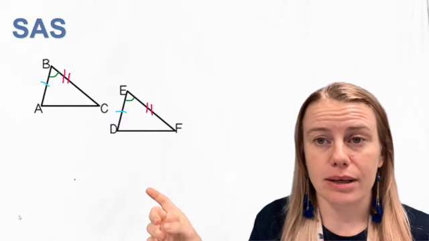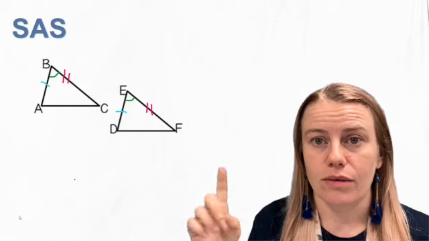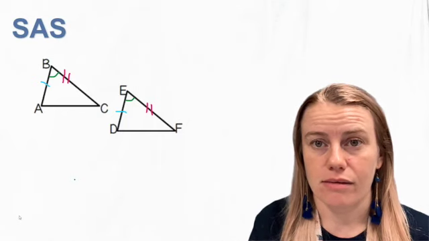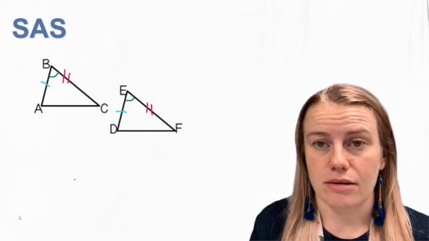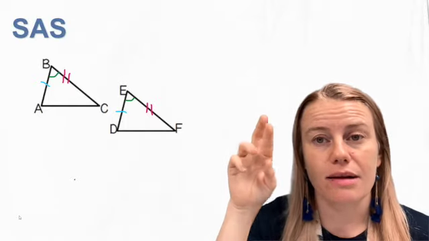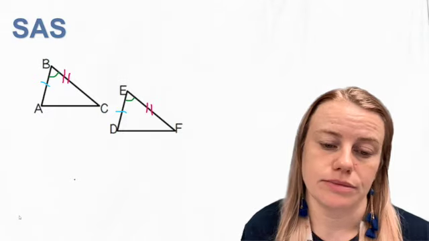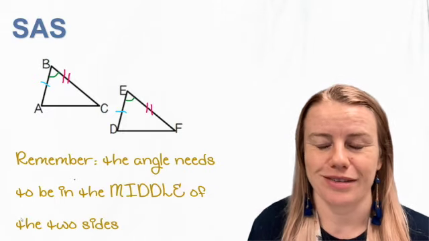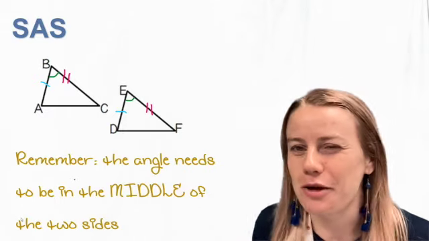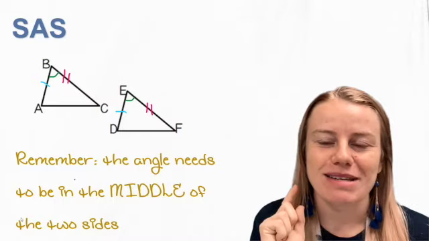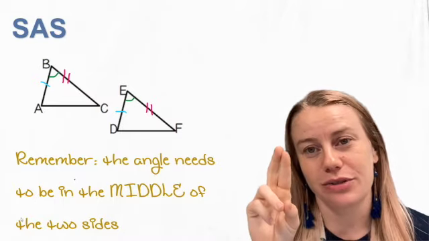This could not be angle C or A or angle D or F. It's got to be the one in the middle of the two sides that are congruent. Remember, let me tell you one more time: the angle needs to be in the middle of the two sides that are congruent.